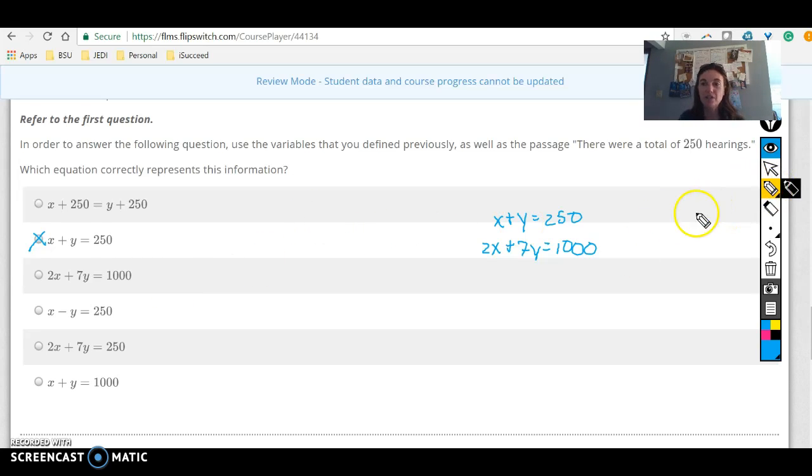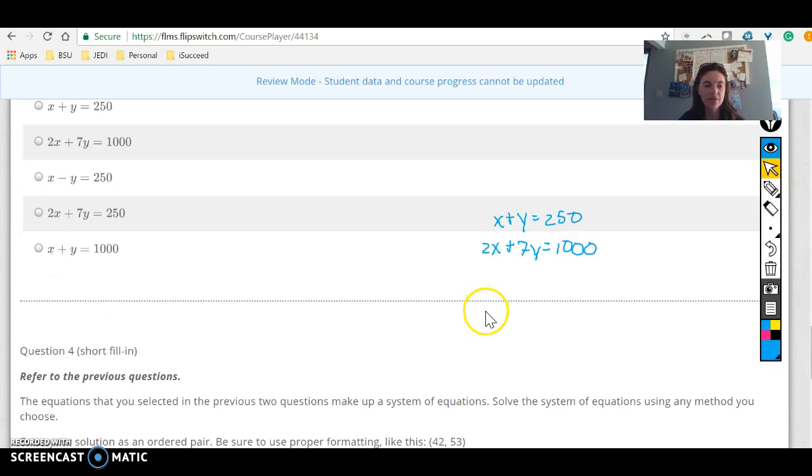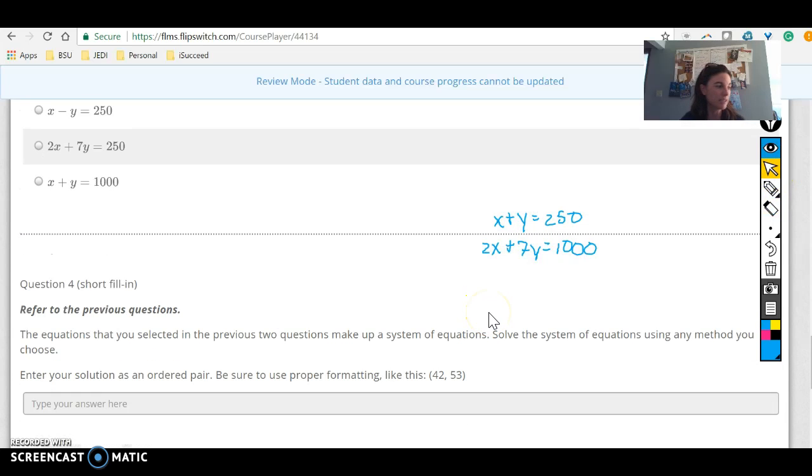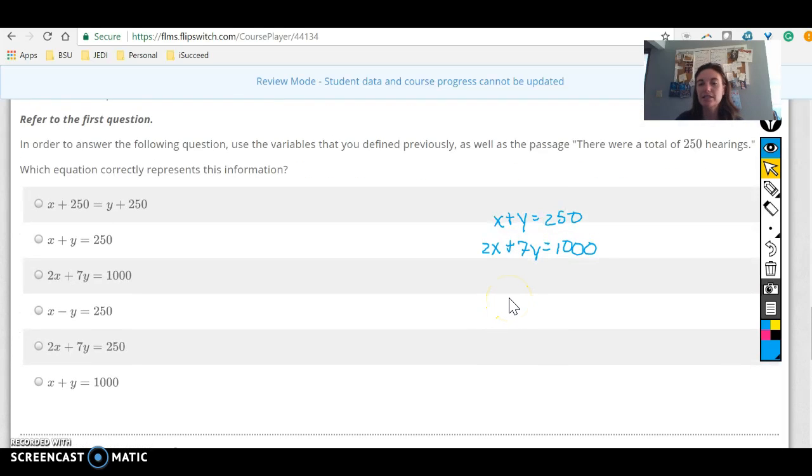Okay, so we are moving right along here. That was question 3. And for question 4, they are asking us to solve this system of equations. We can use any method we want.